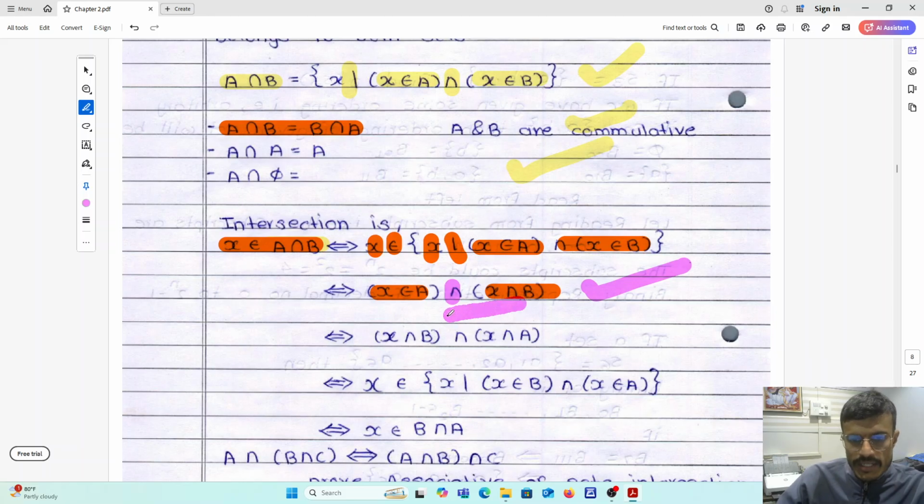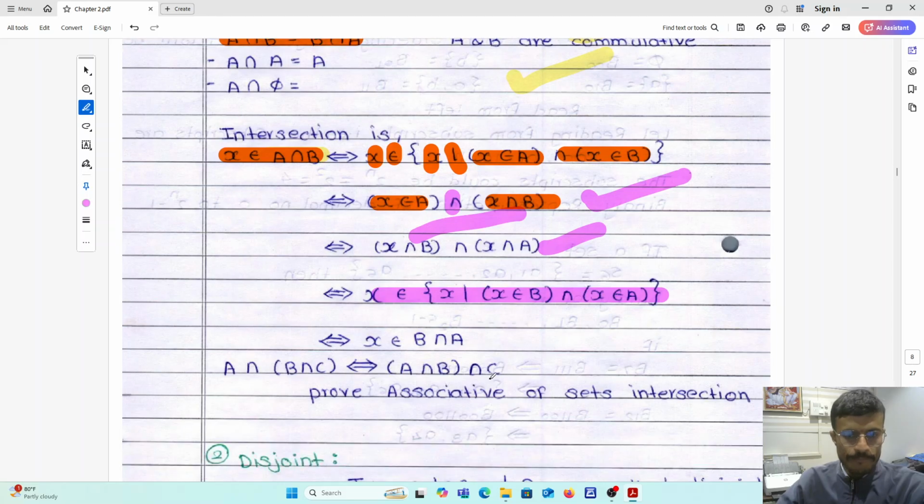So we interchange them: we take x belongs to B first and x belongs to A after. Finally, by substituting, x belongs to {x such that x belongs to B and x belongs to A}. So you can simply write this as B intersection A. It also follows the associative law; you can check that one also.